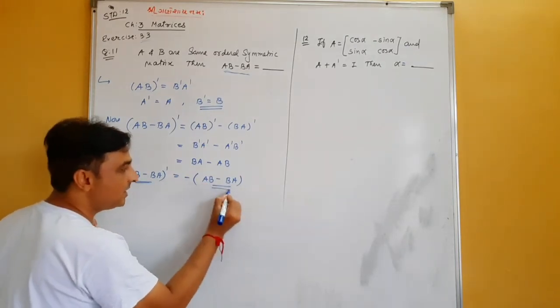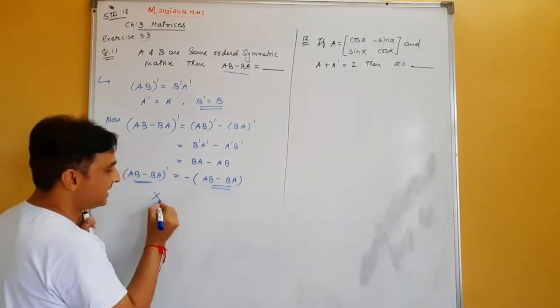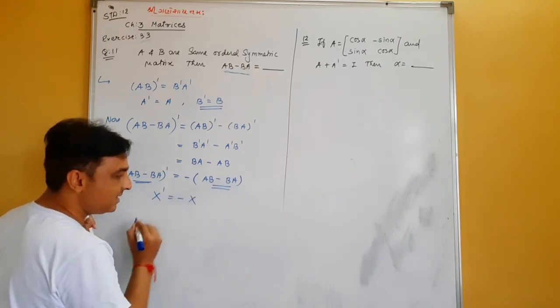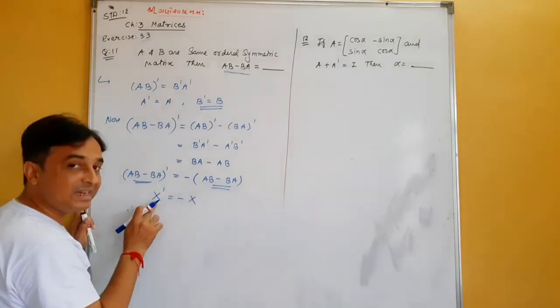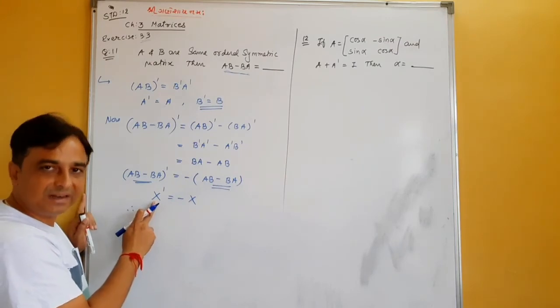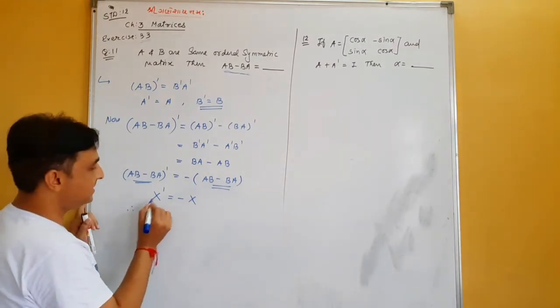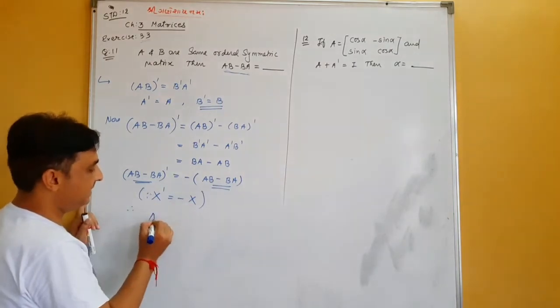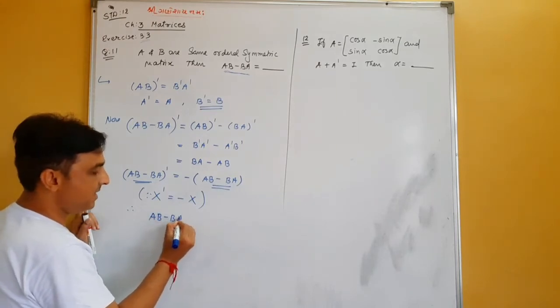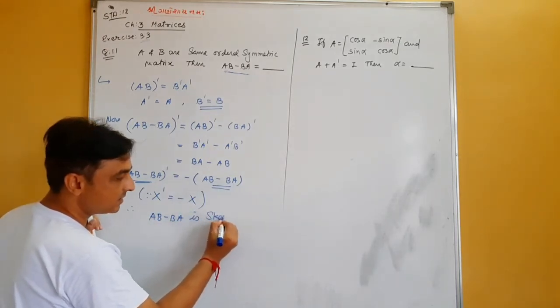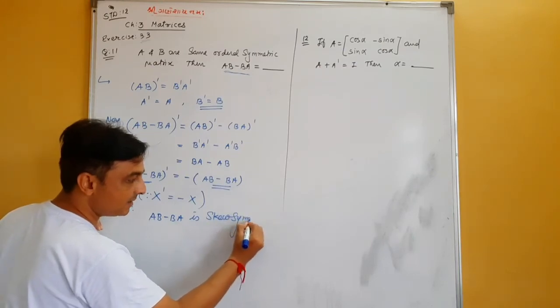Let's say this is X, X dash is minus X, that means X is a skew symmetric matrix. That means AB minus BA is a skew symmetric matrix.